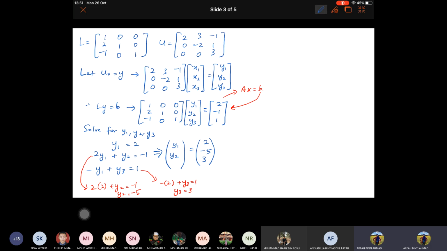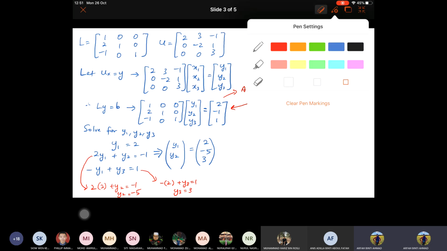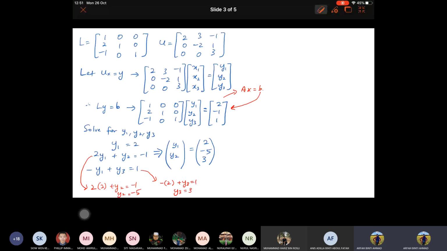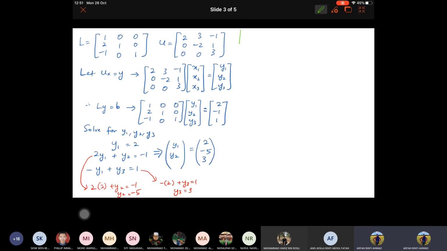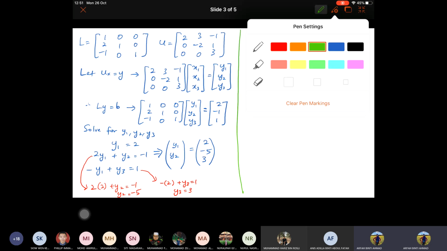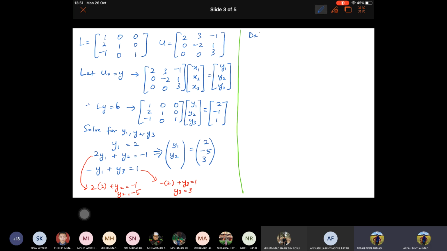Baru awak solvekan untuk UX sama dengan Y. Okay. So dah dapat Y1, Y2, Y3. Baru solve for X1, X2, X3. Okay. So yang ini Y3.